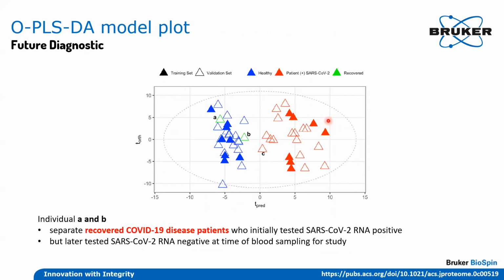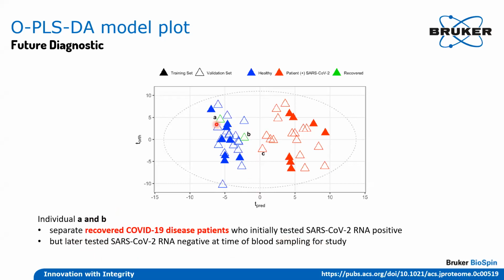The red triangles are from the positive patient group, and the blue triangles are from the healthy controls. In addition, the two samples highlighted in green were collected from individuals A and B. These individuals initially tested SARS-CoV-2 RNA positive, but had already recovered from the disease when the sample was collected.